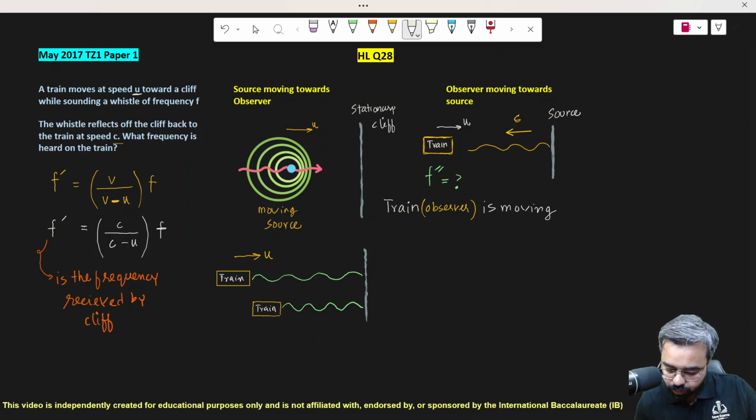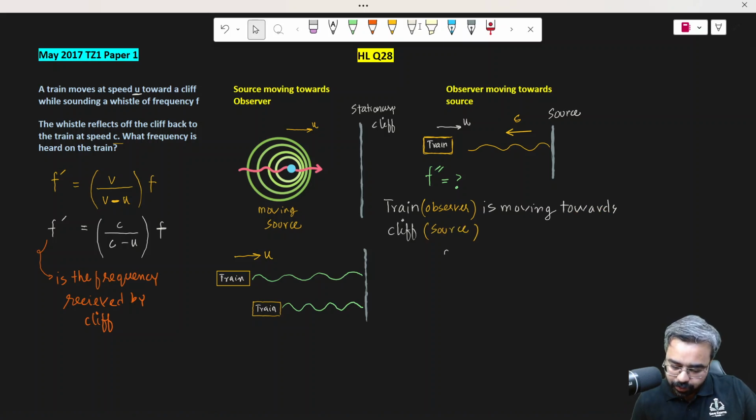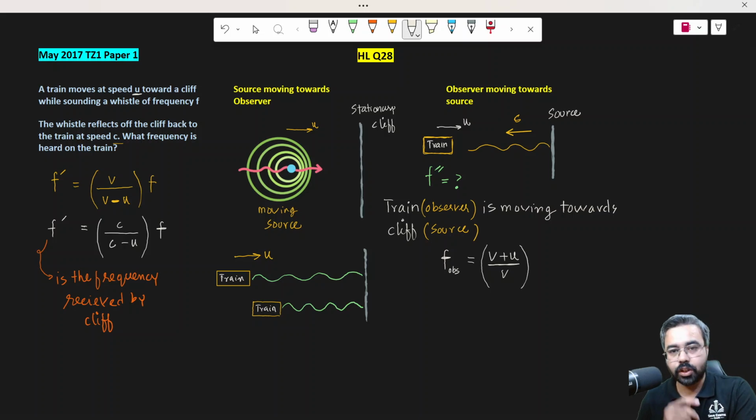If you remember, what is the equation mentioned in your data booklet for IB physics? This is the observed or apparent frequency, which equals v plus u. I'm going to write this addition of the two velocities, because this is a relative velocity, divided by v, where v represents the speed of the sound, whereas u represents, generally speaking, the speed of an observer, times the actual frequency.